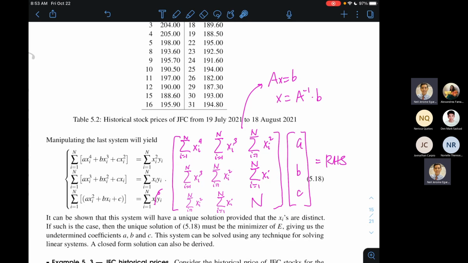So clear ba to? Or do you have any questions before we proceed to the example? Okay, so kung wala naman, let's look at our first example.